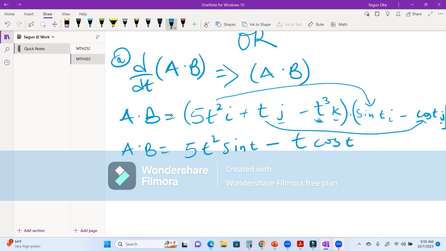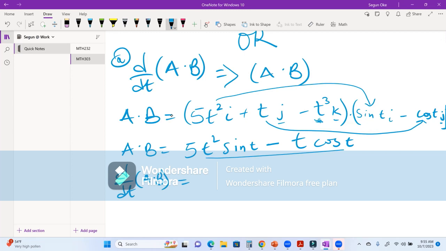So this is what you are going to differentiate now. Are you getting it? If you want to differentiate this now, what will it be? Let's do it one by one.